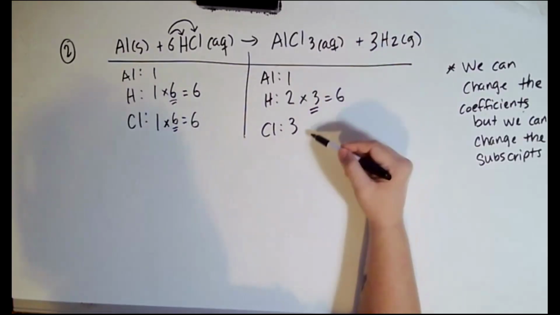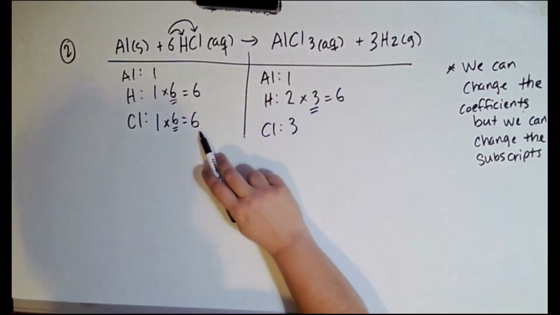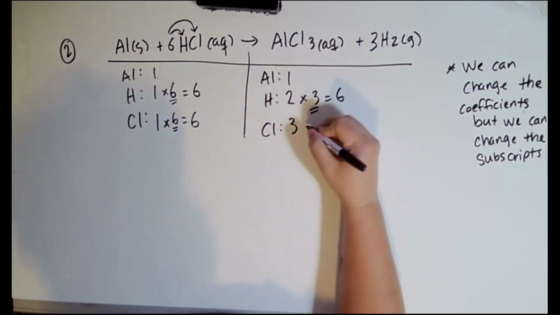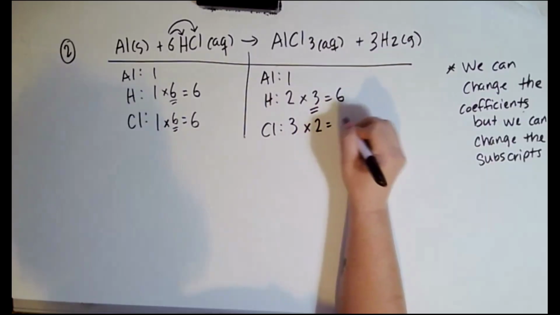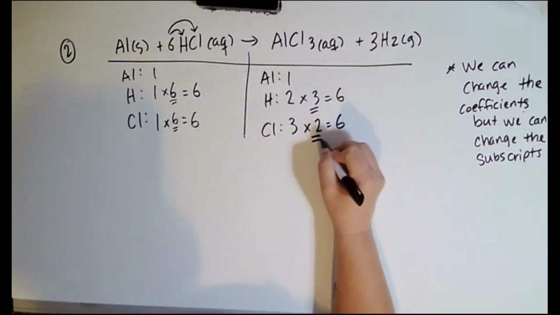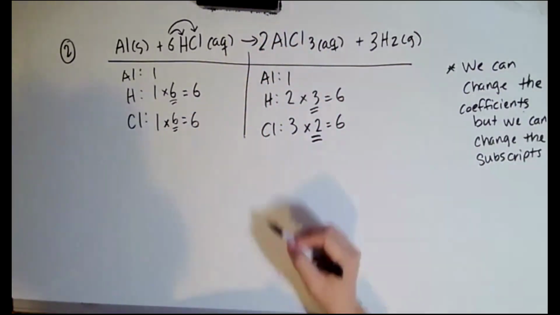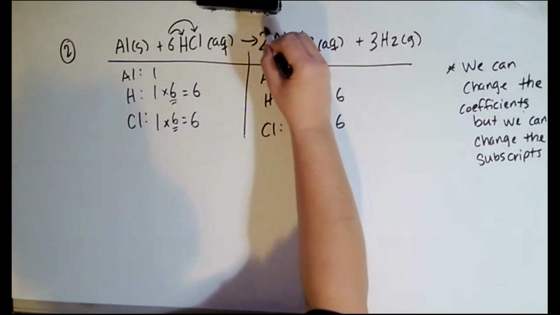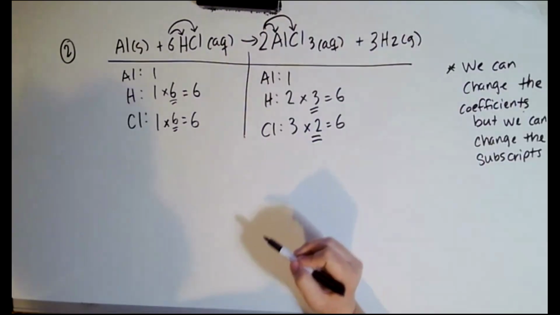So I come back to my chlorines and say, all right, there's 6 chlorines here and 3 chlorines here. So I'm going to multiply my compound that has chlorine in it by 2, so I can have 6 chlorines on both sides. That multiplier of 2 goes out in front of my compound that contains chlorine, and it applies to my aluminum and to my chlorine.